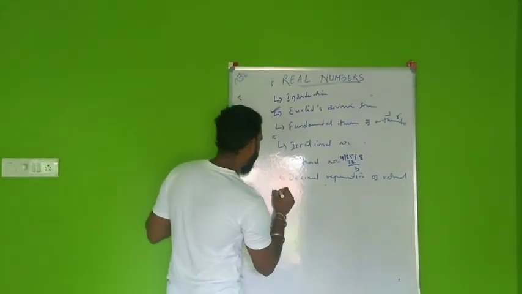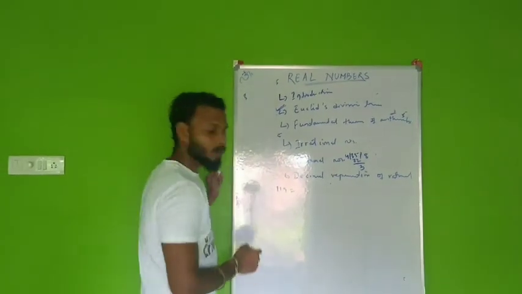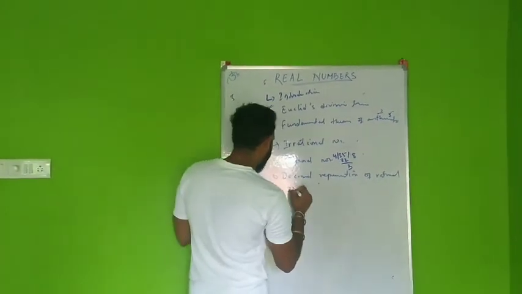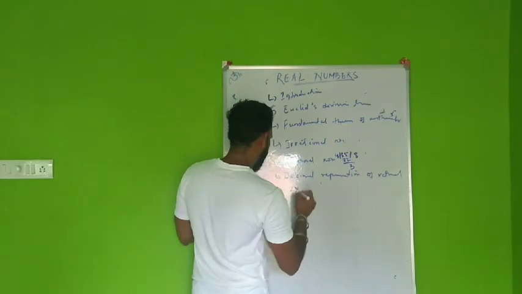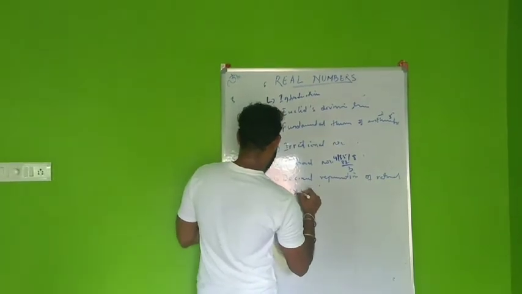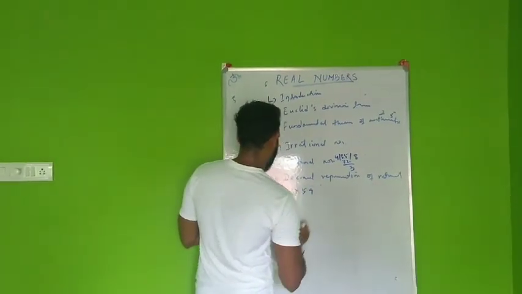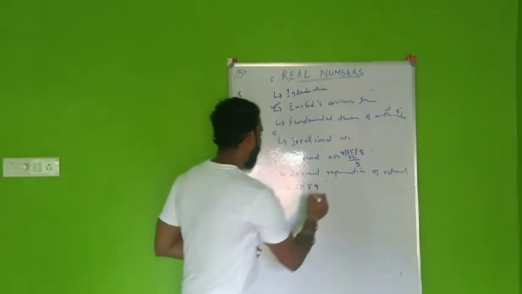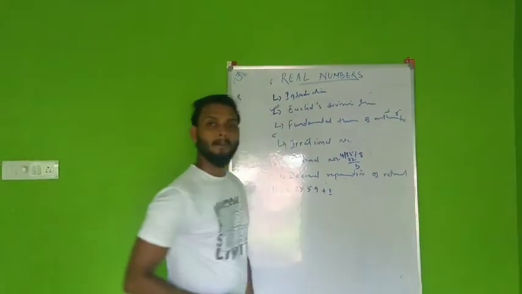So 119 can be written as 2 into 59 plus 1.